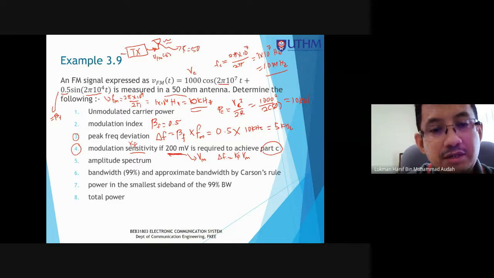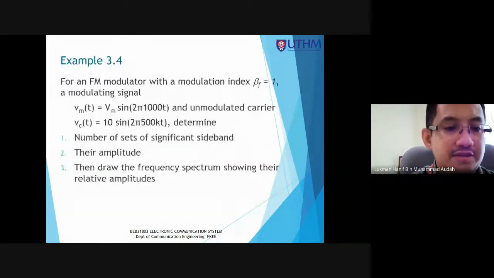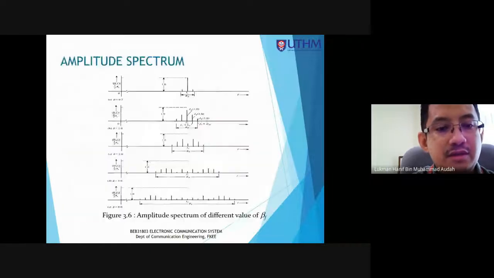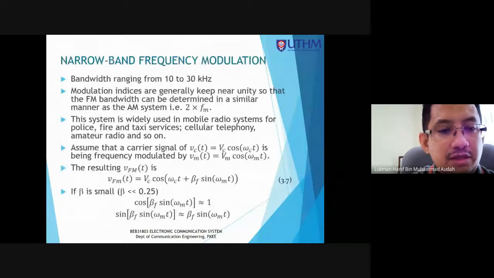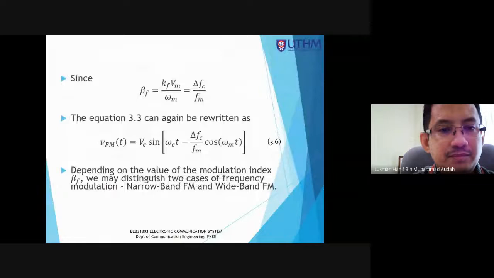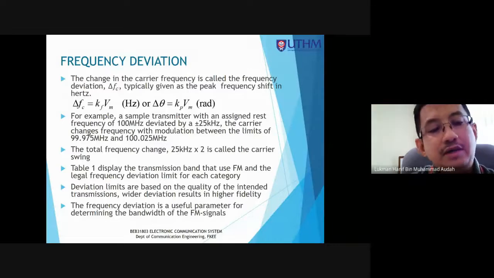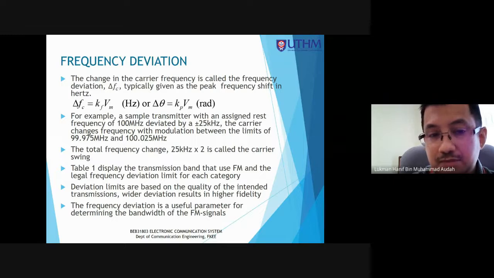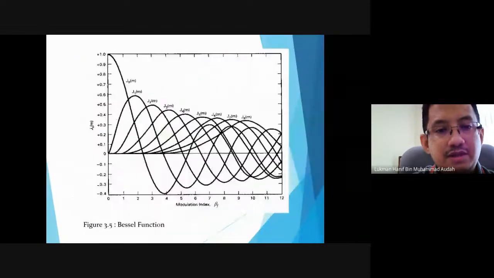This was stated in the previous slides, so I go back to the previous slides so that you can find where I get this equation. It is far back: delta f is Kf Vm, and delta theta is Kp Vm.